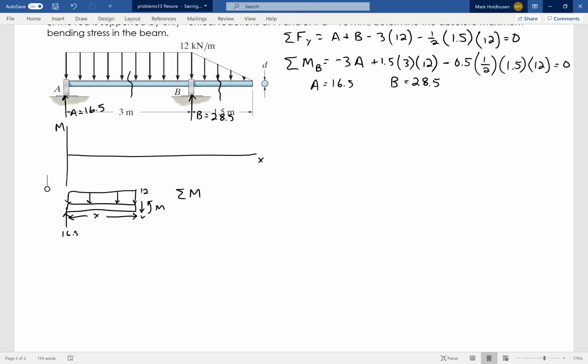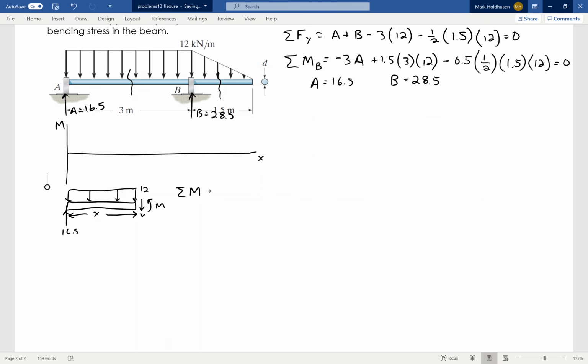I'm going to sum the moments about the cut point. That way the shear doesn't even show up. I want to include the bending moment I'm trying to find. Then we have -16.5 times x for that reaction force, plus x over 2 times 12x, equals 0.